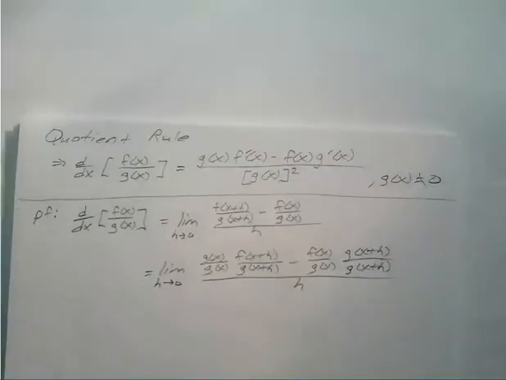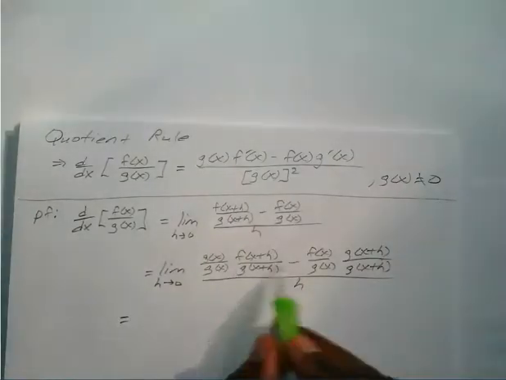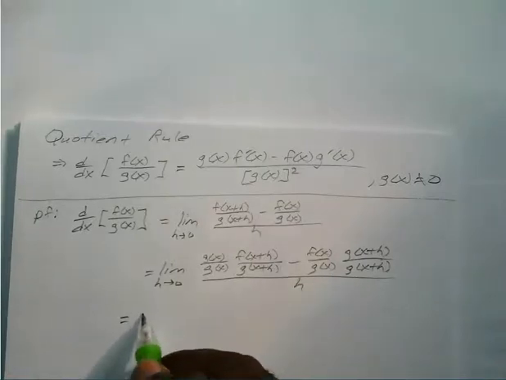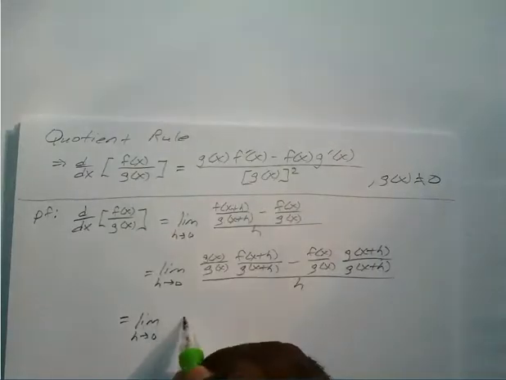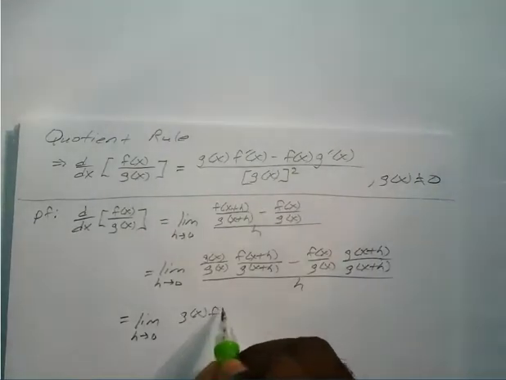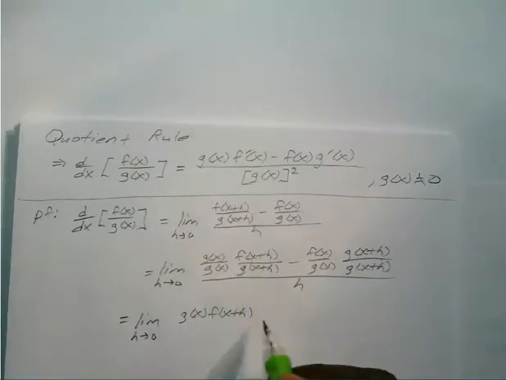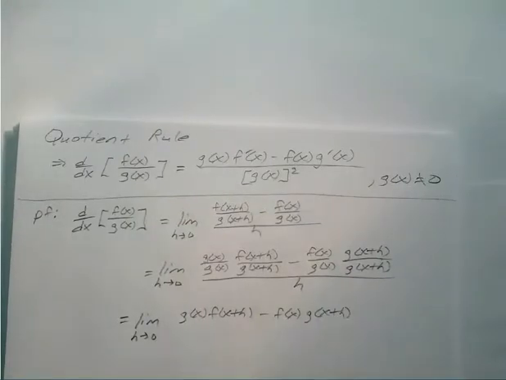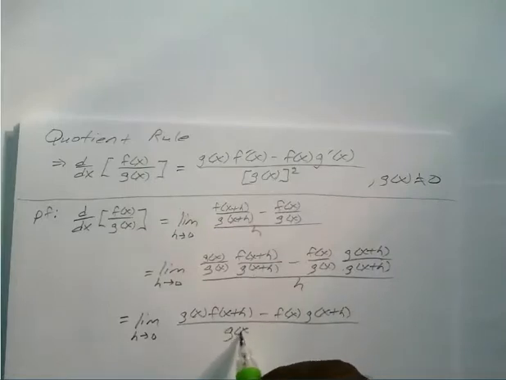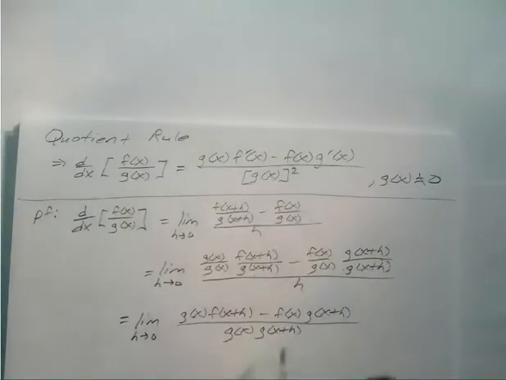Alright, so since we have our common denominator, at least up here, we have the limit as h approaches 0 of g of x times f of x plus h minus f of x times g of x plus h all over your common denominator of g of x times g of x plus h. And instead of making that all over h, we'll just go ahead and put our h right there.